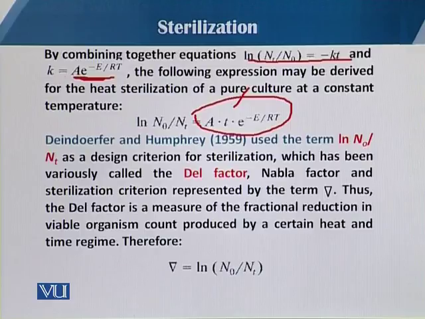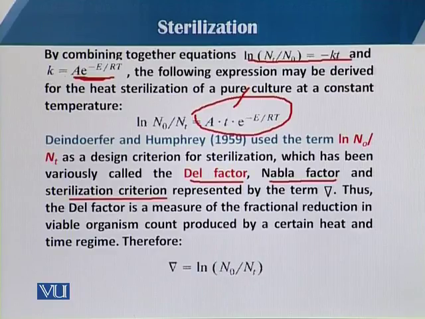According to Aiba, Humphrey and Sinclair (1959), they use the term ln N naught over Nt as the design criteria for sterilization. Sometimes they call that factor the Del factor, Nabla factor or sterilization criteria.